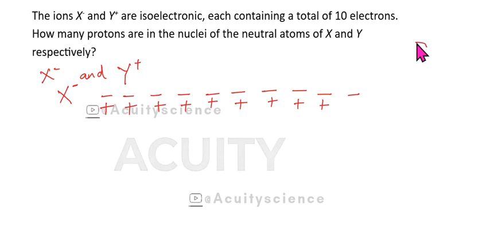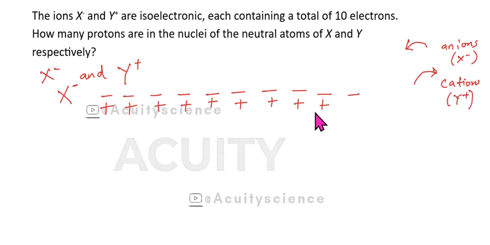So electrons are added to form anions, which are negative ions, like X minus. And electrons are removed so that there will be an excess positive charge to form cations, which are positive ions like Y plus.